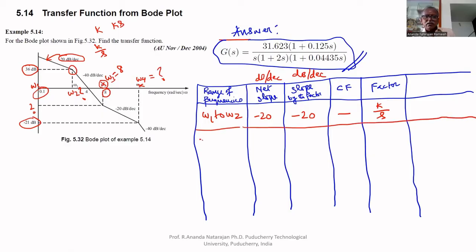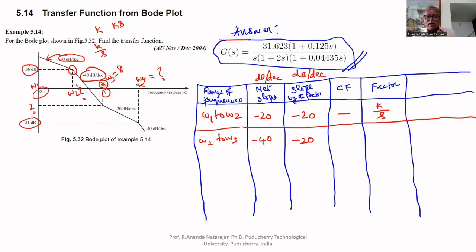The next range is omega 2 to omega 3. Here the net slope is minus 40 dB. Earlier it was minus 20, now it becomes minus 40, which means the slope given by the factor is minus 20.